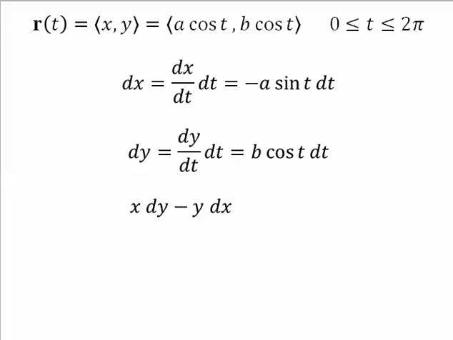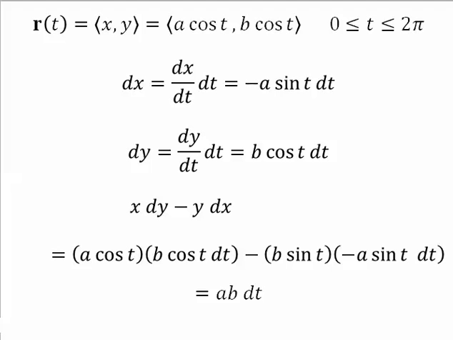All right, now find x dy minus y dx. It takes a little bit of calculation, and you'll have to use the Pythagorean theorem, cosine squared plus sine squared equals 1. When the dust settles, you'll get ab dt.